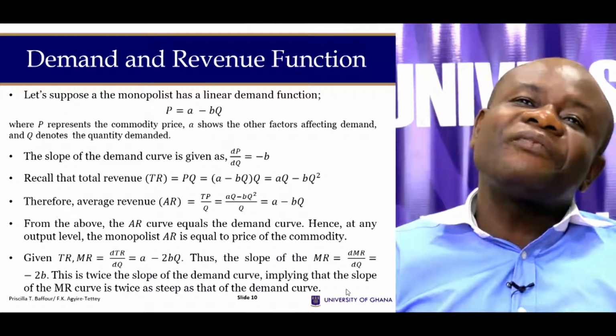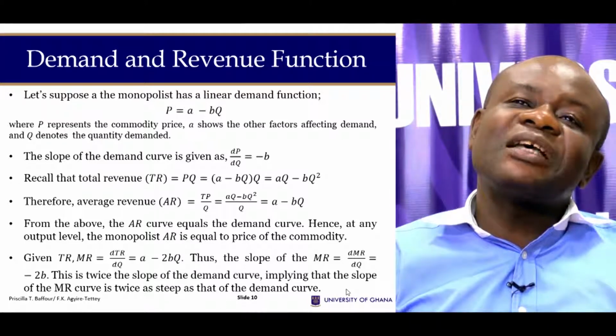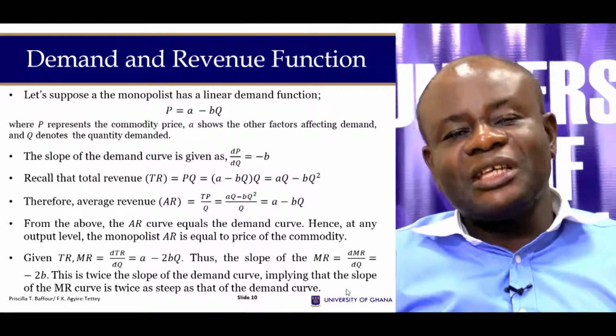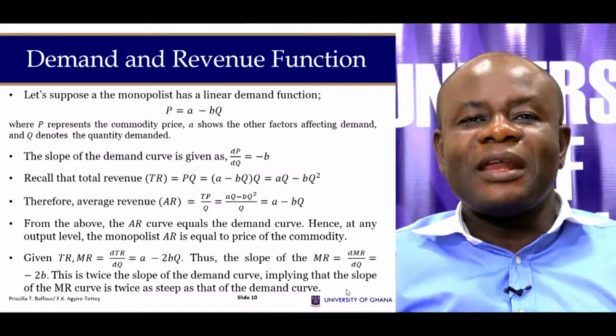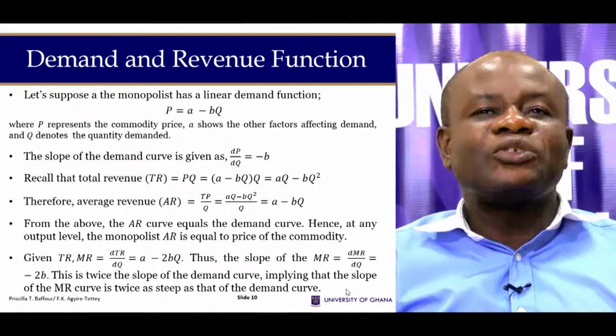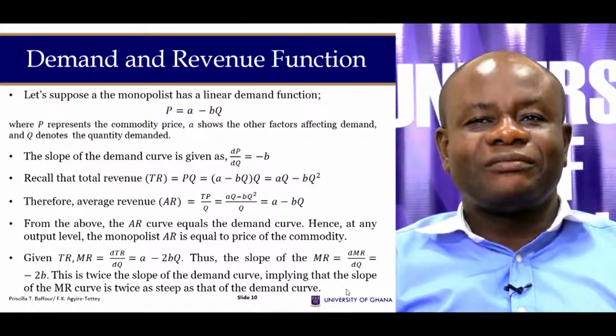The slope of the demand function is minus B, and the slope of the marginal revenue function is minus 2B. Meaning that the slope of our marginal revenue function is twice that of the demand function.